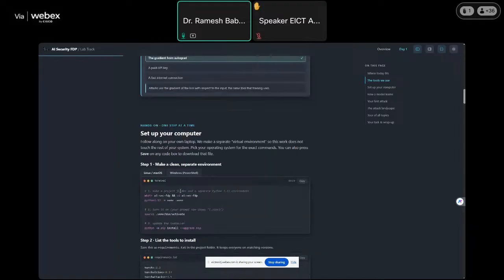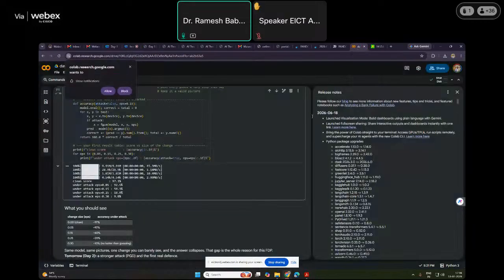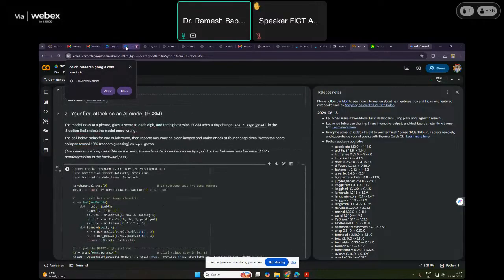Now moving on with the first part of today's lab, the agenda, that is to set up the entire system, that is to say our virtual environment, and to download all the packages which are required. I highly suggest you all open Google Colab. You can go to Colab, log into your ID, and you must have downloaded this file from our page.